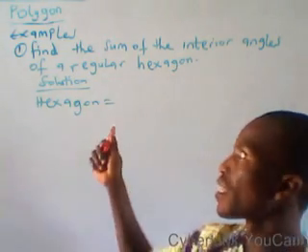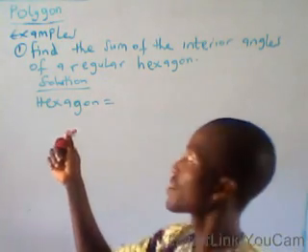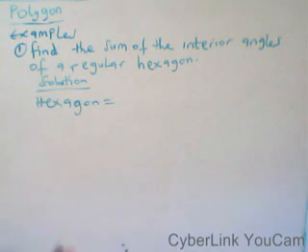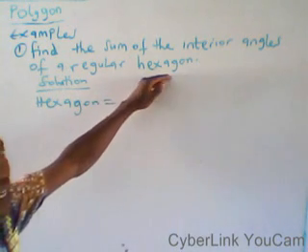Now for this first example, the question says, find the sum of the interior angles of a regular hexagon.